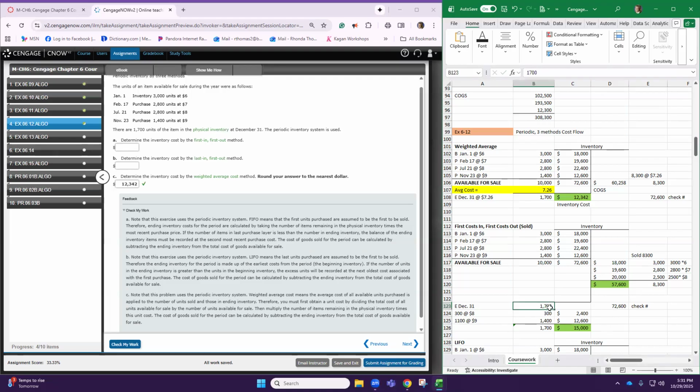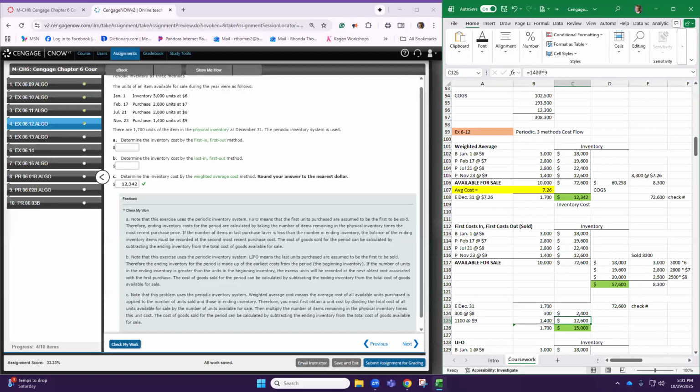So let's go down here. The 1,700 that are still in inventory as of December 31st is, let's put in this full layer here of $9 cost. So 1,400 units at a cost of $9 a piece, and then 300 units at a cost of $8 a piece.